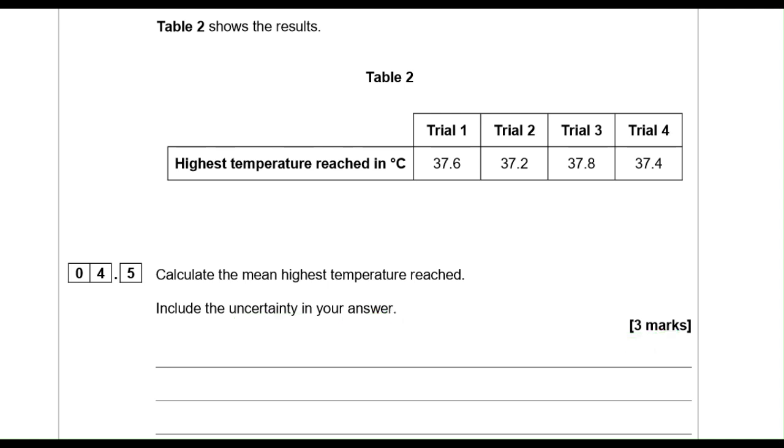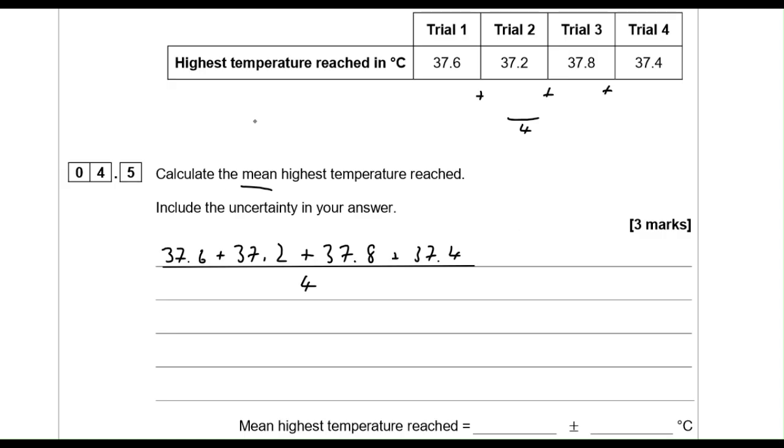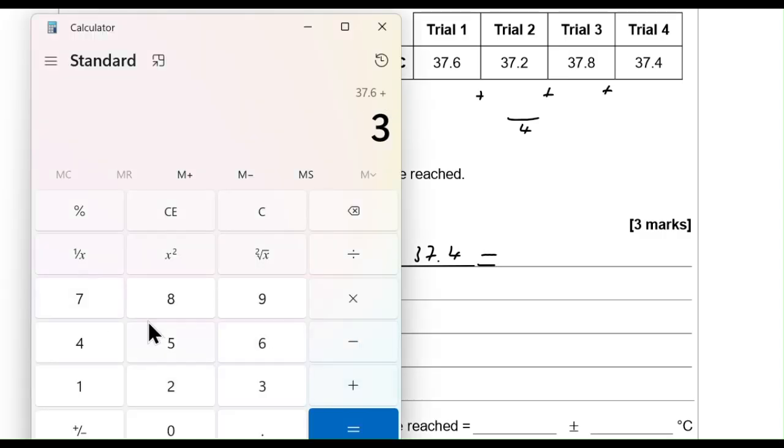So in order to work out a mean average, we've got to add up the 4 results and then divide by 4. So we've got 37.6 plus 37.2 plus 37.8 plus 37.4 divided by 4. If we crunch all that into our calculator, what do we get? 37.5.